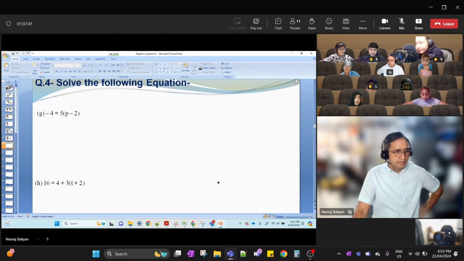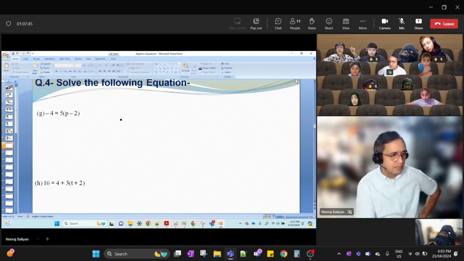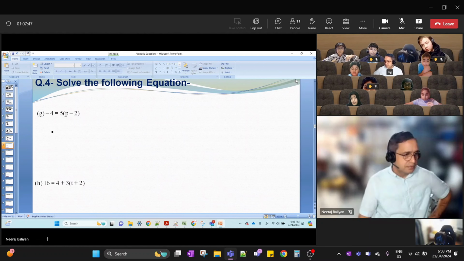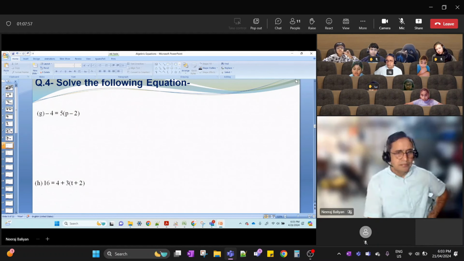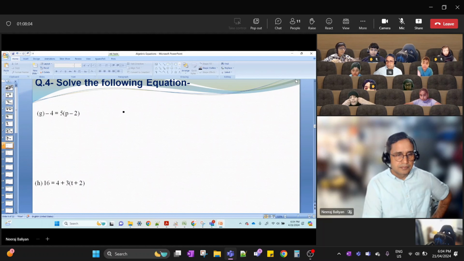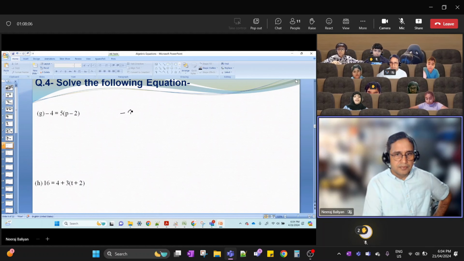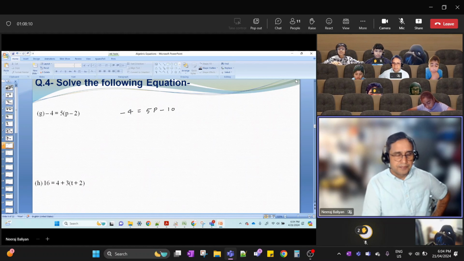So for G, we have minus 4 equals. Basically, what we want to do is remove the brackets, so it becomes 5p minus 10. So minus 4 is equal to 5p minus 10.